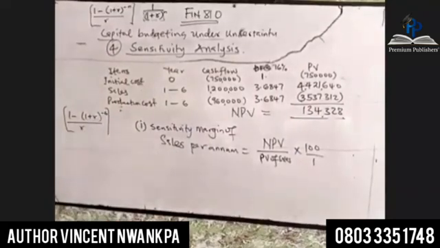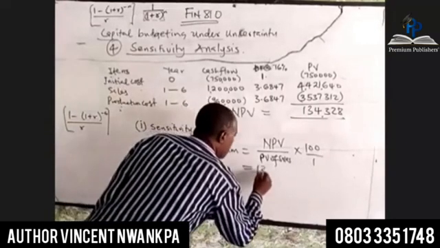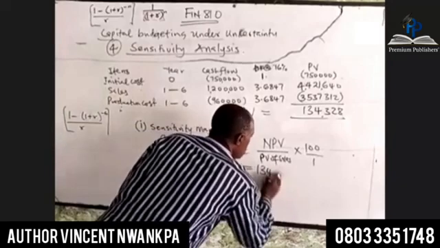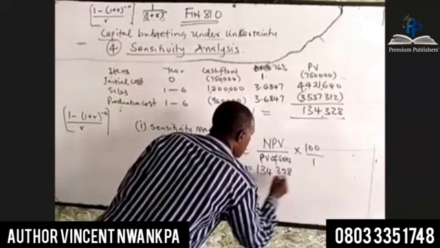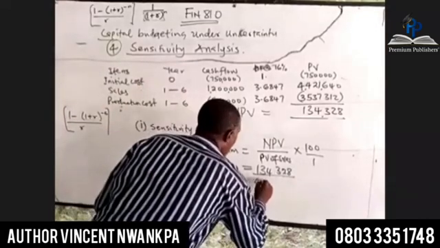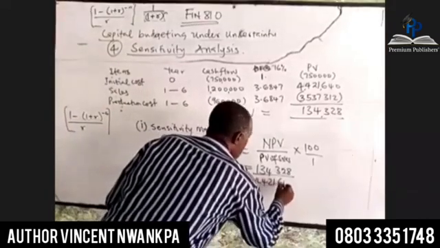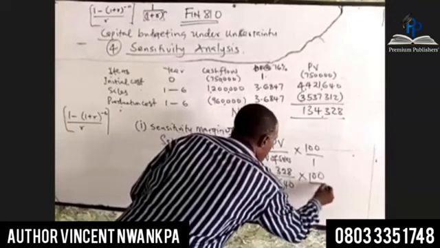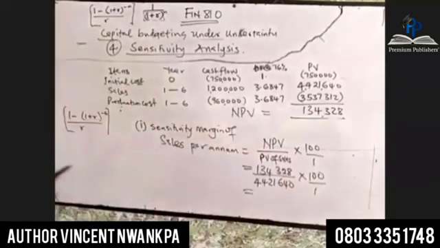So the sensitivity margin of sales per annum will be the NPV that we know on the board, 134,328, all over the present value of sales, which is 4,21640, times 100 over 1. Somebody press the calculator.